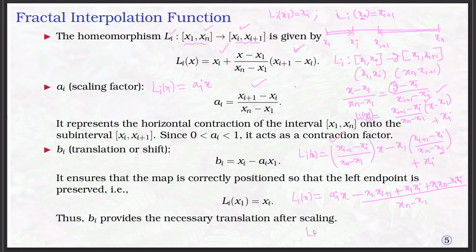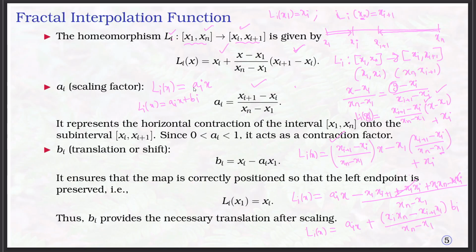So, which is equal to Li of x one can get ai x minus, here this two term will cancel. So, one can get plus xi xn minus xi plus 1 x1 over xn minus x1. So, this we can call it as bi. So, this is in the form of Li of x equal to ai x plus bi.